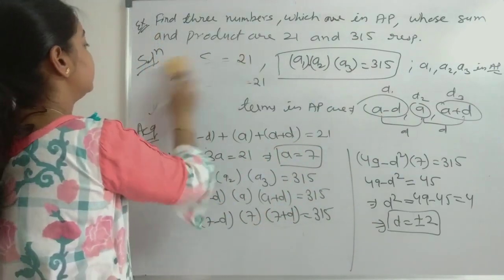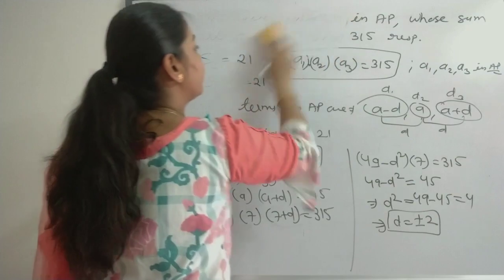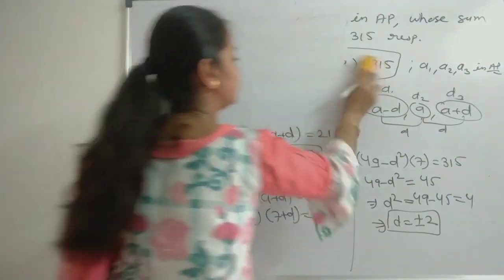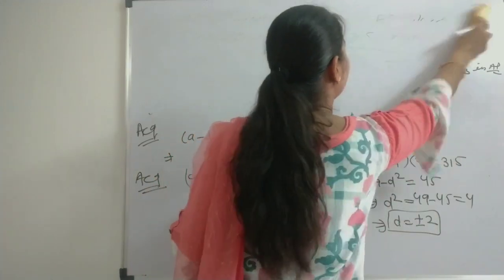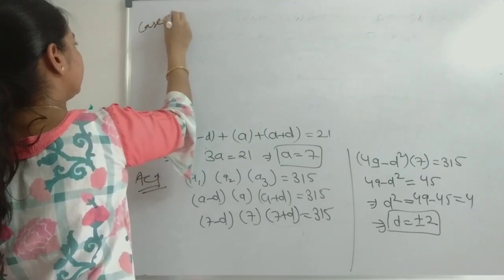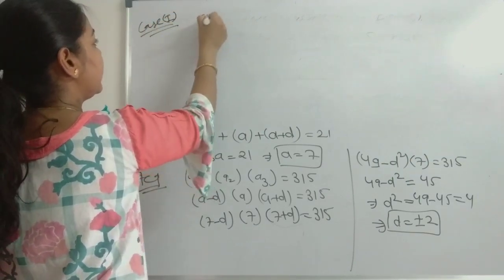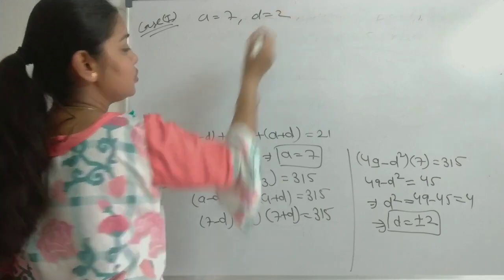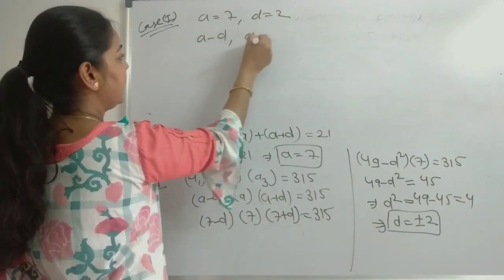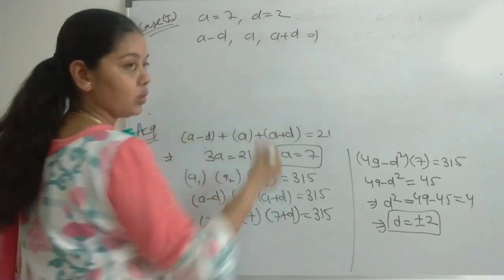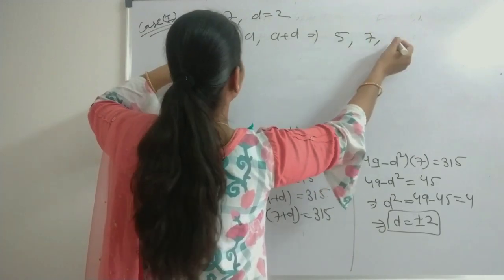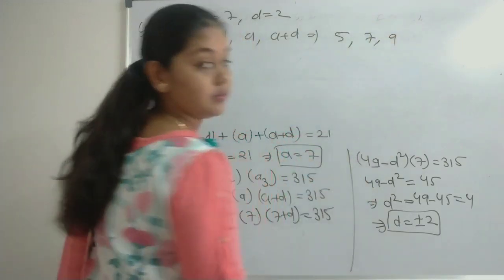What do we get? It means the three terms are A minus D, A and A plus D. That is 5, 7 and 9.